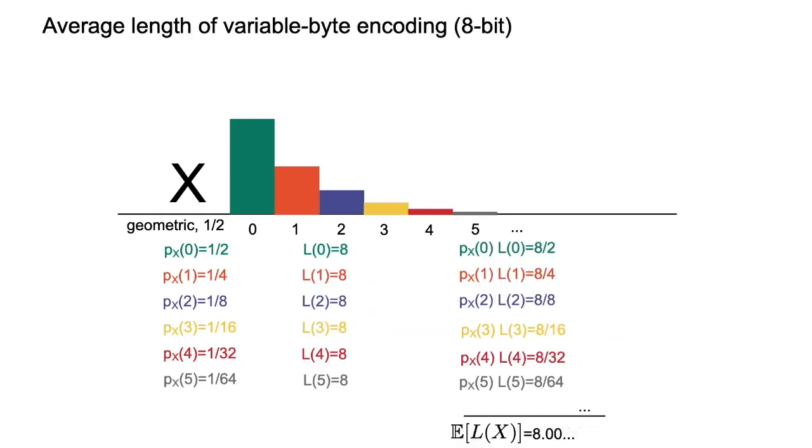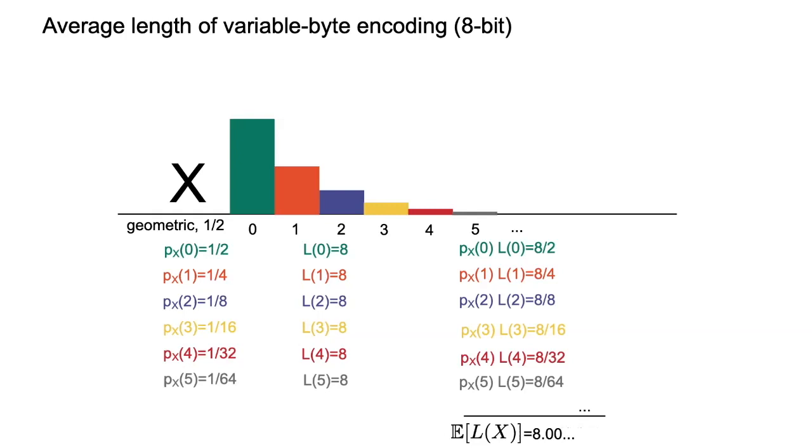But now I'm not going to compute the entropy. I'm going to compute the length, the average length of the encoding. How many bits do I need to encode 0 in the variable byte encoding with n equals 8? Well, 8, right? 8 bits. So L is 8, then it's 8, 8, 8, 8, 8. It's actually going to be 8 all the way to 127, right? And then 128 is going to need 16 of them, and so on and so on, right? No, sorry, I think that was 255.